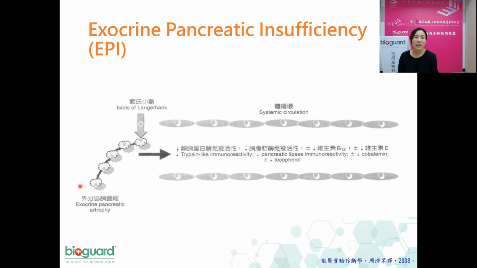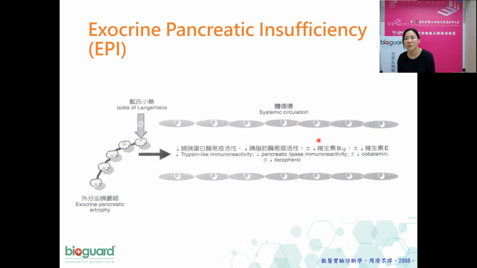So basically, if the animal has exocrine pancreatic atrophy, we will find in the blood a decrease of pancreatic lipase immunoreactivity and decreased trypsin-like immunoreactivity. These are the two immunoassays we just mentioned before, and they will help us diagnose EPI.